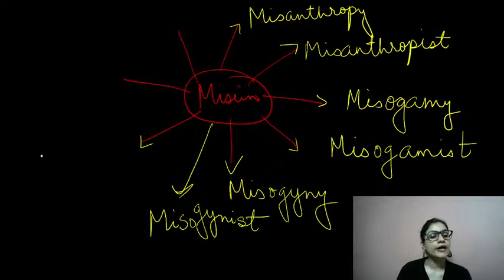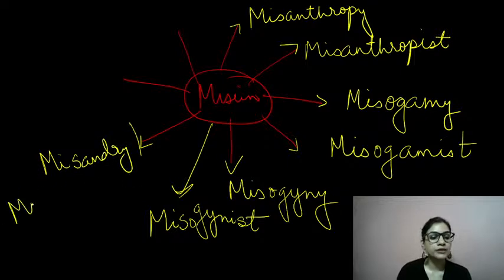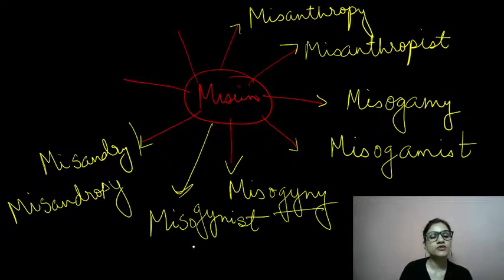Then another word we had was misandry, or misanthropy. Misanthropy refers to the practice of hating males, right? And this was the practice of hating females. And the opposite of misane would be philane.